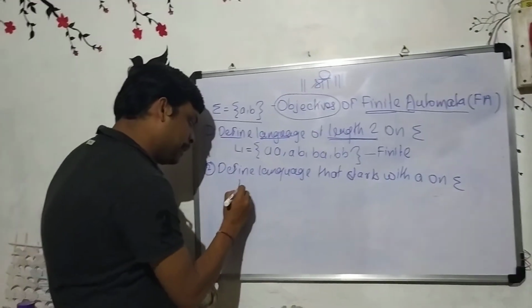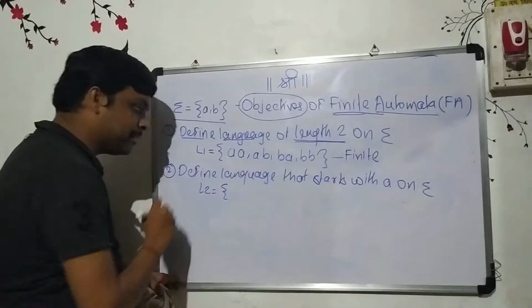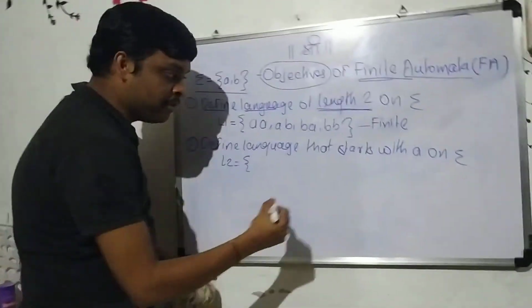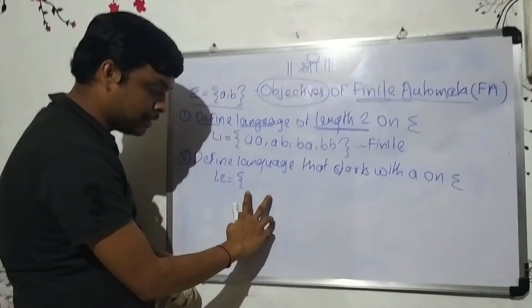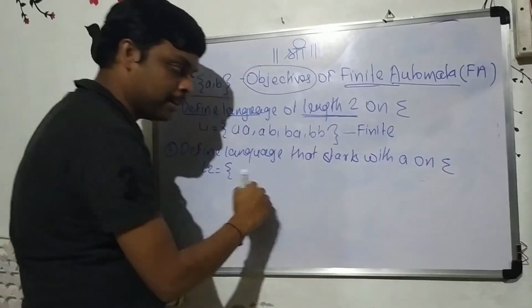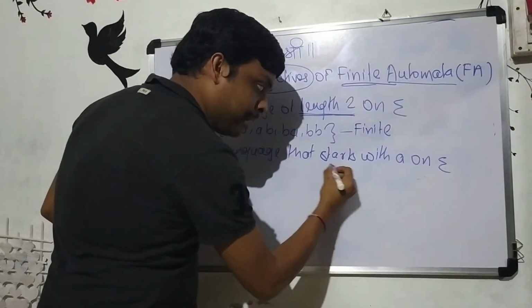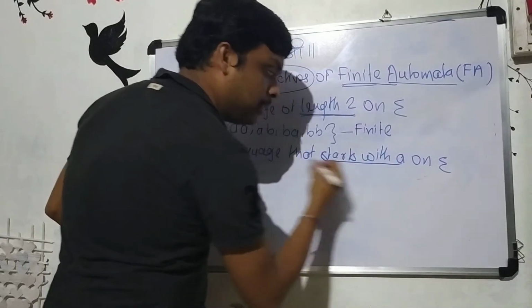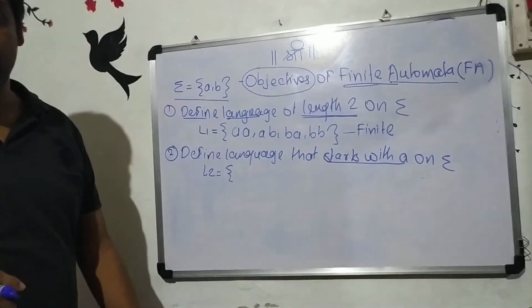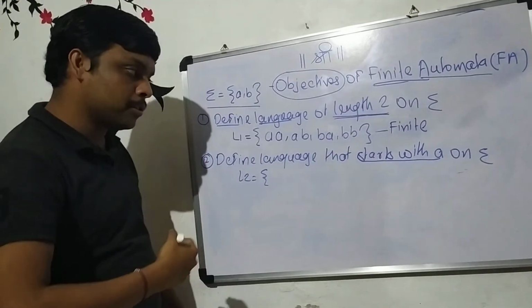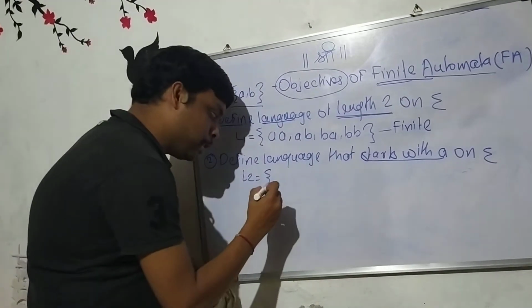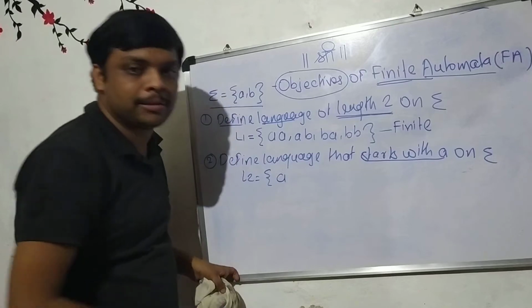Now let us use the letter L2 for denoting this language. This time which condition is given? We have to mention strings in this language where each string must start with A. So how many such strings can we mention? The first string will be A itself.